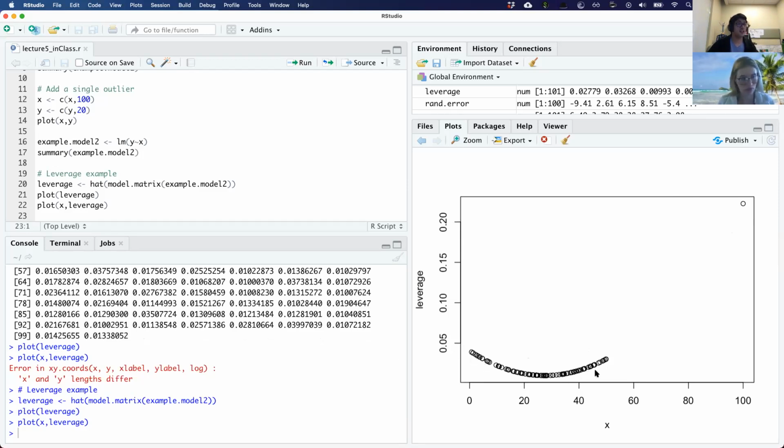You can see the leverage of your x's is patterned by how the x's sit relative to their location along the fit. So it's going to look like this parabolic curve. And then your far out point is really abundantly obvious, right? And so you can make a decision about what might be considered an outlier based off of this metric.